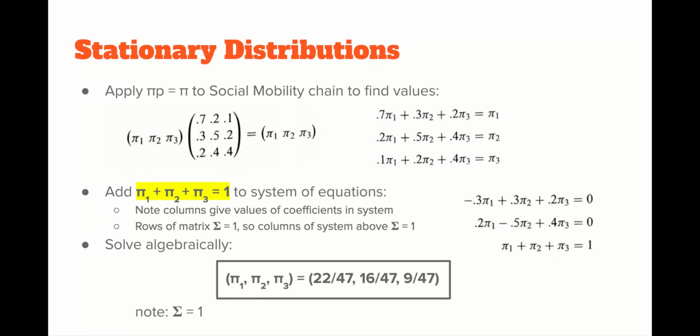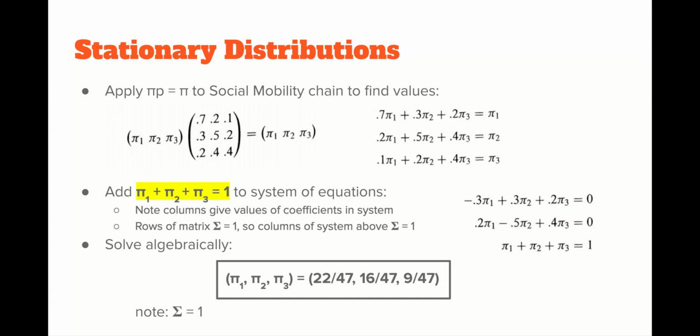So we apply this pi P equals pi to our social mobility chain to find the values of pi. Pi 1, pi 2, pi 3 times our matrix is equal to pi 1, pi 2, pi 3 because we want to preserve that equality, and we get the system of equations up here on the right. Then we simplify it a little bit and we add a very important equation to this system, which is pi 1 plus pi 2 plus pi 3 is equal to 1.